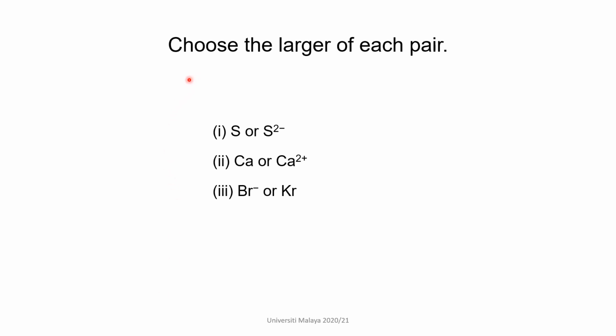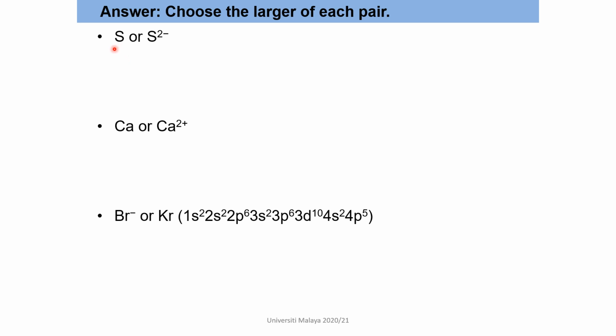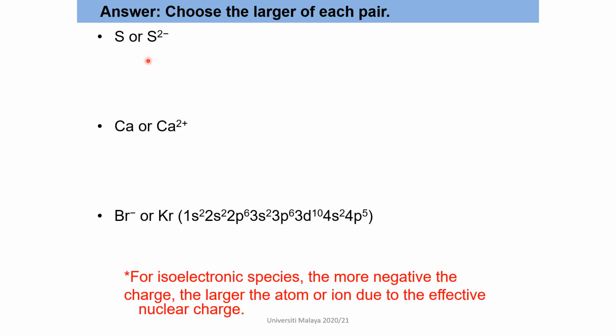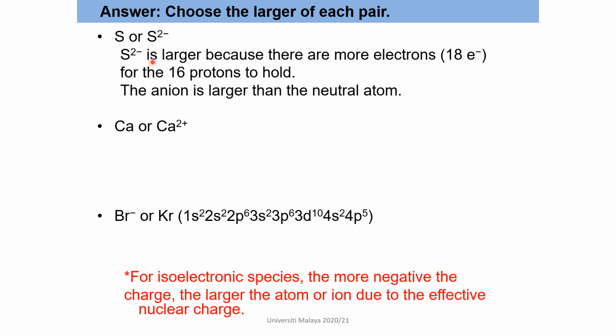Some exercises for you. Choose the larger of each pair. Number 1: sulfur or its anion, calcium or its cation, bromide anion or krypton. Comparing sulfur and its anion, the anion is larger because there are more electrons, which is 18 electrons for the 16 protons to hold.